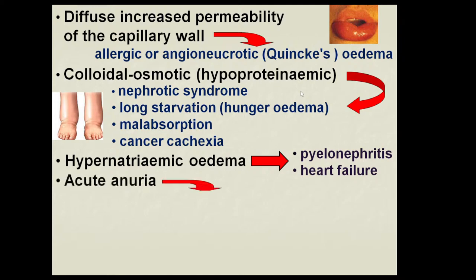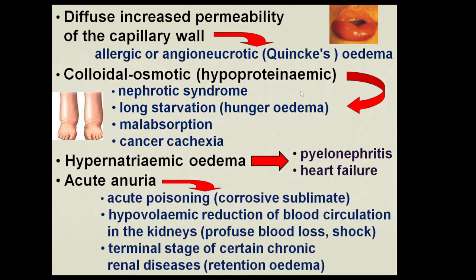And acute anuria is characteristic for patients with acute poisoning, with the terminal stage of some chronic renal disease, and for profuse bleeding, shock, and any other pathology we mentioned when we spoke about secretory anuria.